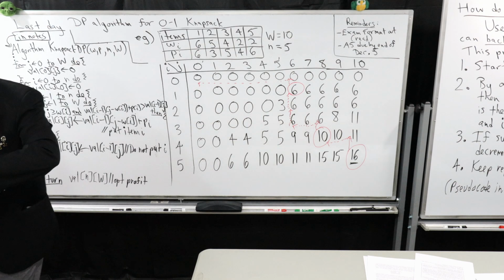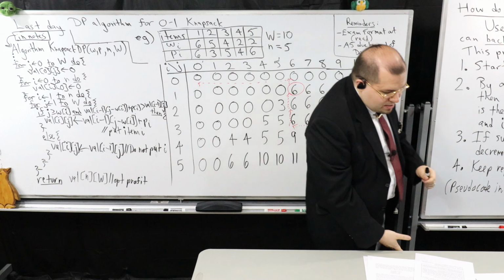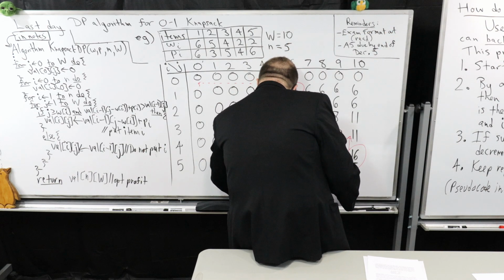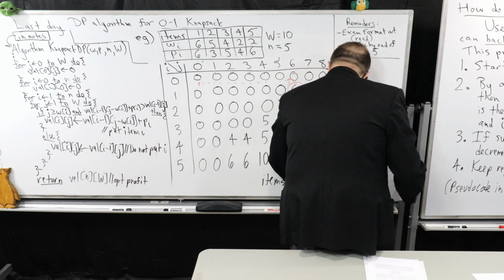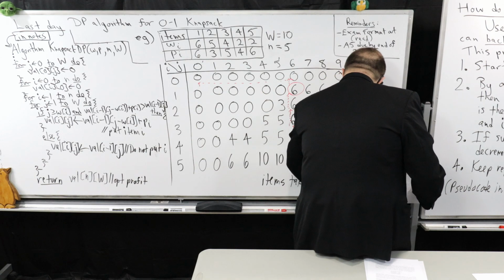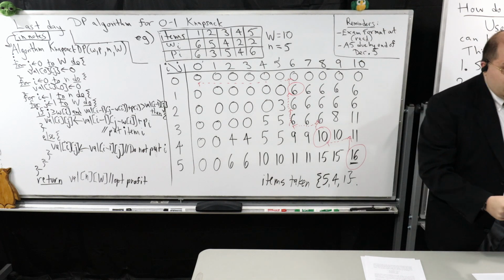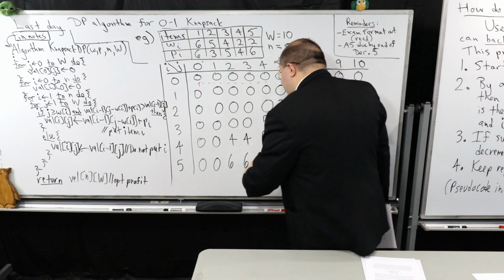So what are the items we're going to take? Let's summarize that. The items I've taken are 5, 4, and 1. And of course, its profit.